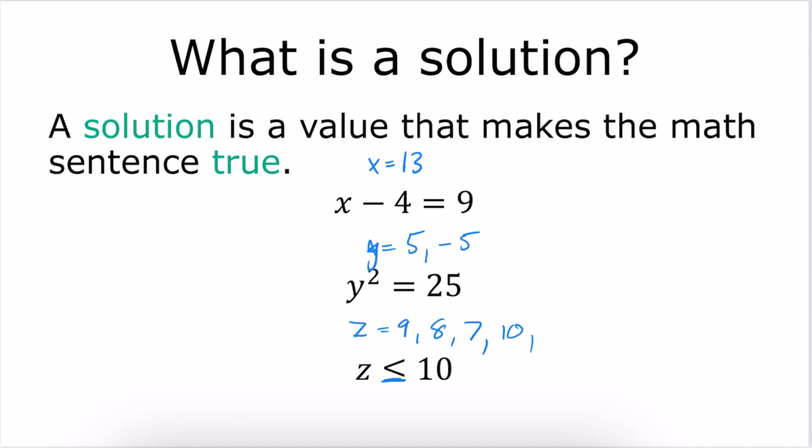You could also have numbers like 9.5, or 0 or negative 13. Any of those numbers would make the math sentence true, and so they're all solutions. Pretty much any inequality will always have multiple solutions, or really an infinite number of solutions. So that's the basic idea of what a solution is.